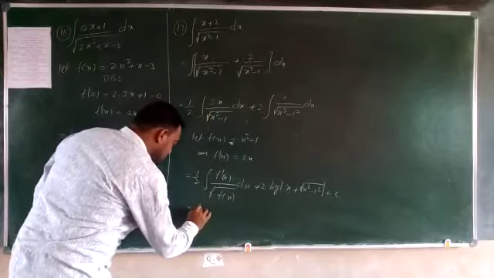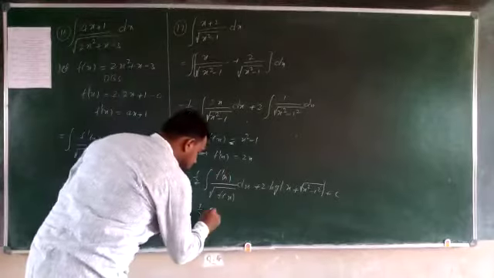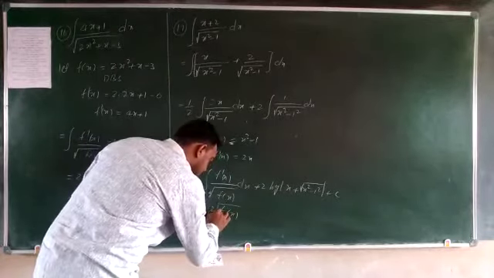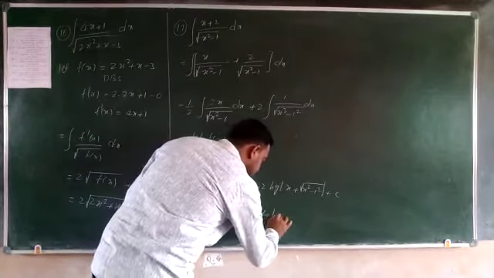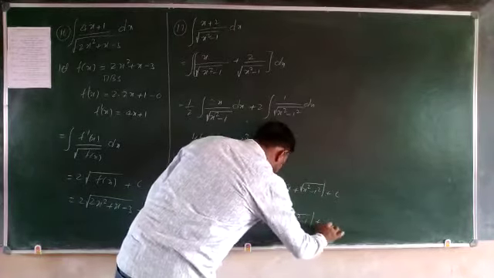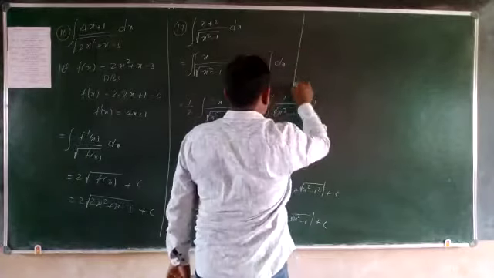This is equal to 1 by 2 into the integration of f dash of x by root f of x, which is 2 root f of x, plus 2 log of x plus square root of x square minus 1 square, which is 1. Here the 2 gets cancelled. You substitute the f of x value.